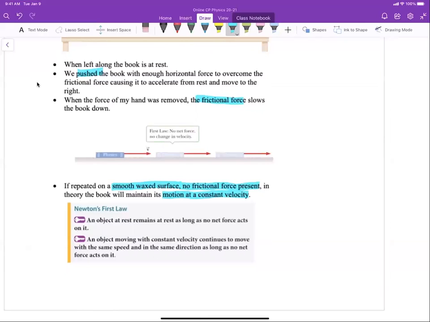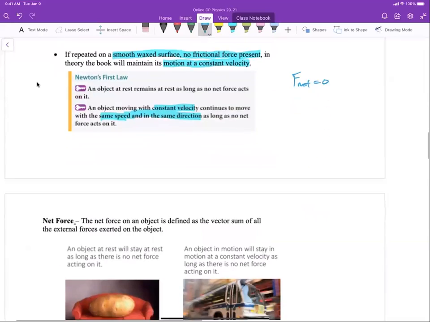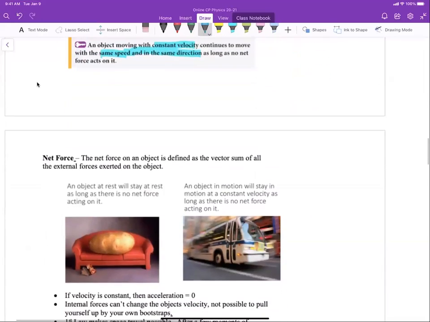An object that is moving with a constant velocity will continue to move with that velocity forever and ever in the same direction as long as there is no net force. So Newton's first law tells you what will happen when the net force is equal to zero. That means that whatever the state of motion the object is in, it will continue forever, whether it's at rest or whether it has some velocity.